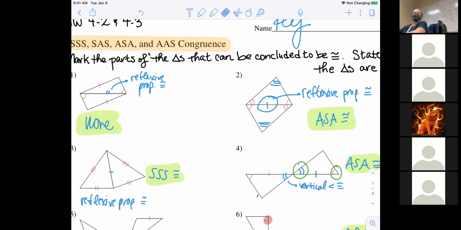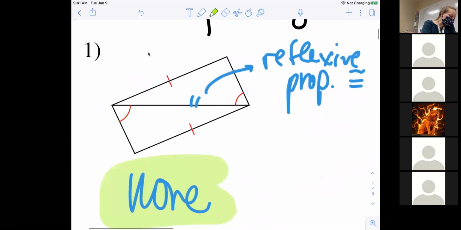So if you're looking at the first 4, are there any questions anyone has? Yeah. Why is number 1 none? Good question. So number 1 is none, because if I zoom in on number 1, I have angle, and then I have a side, but then I have another side that's not next to the angle.